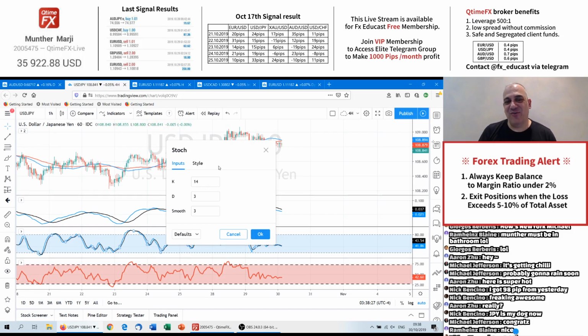So the K is 14, the D is 3, and the smooth is 3. These are the settings that I use. I know a lot of people use 533, and that is okay, but this is also a very good setup. And it's a very good indicator. I prefer RSI to anything else, but of course stochastic and MACD are very helpful, and of course moving averages. I love moving averages.